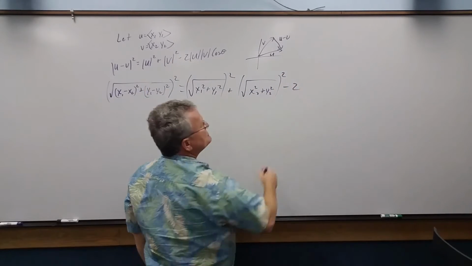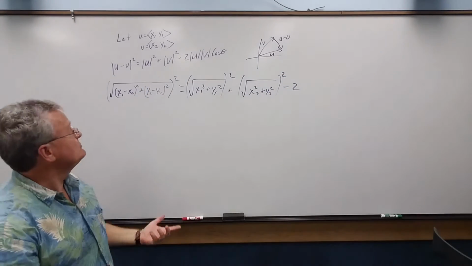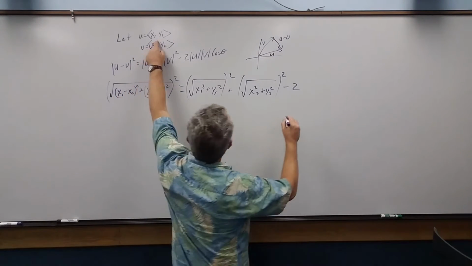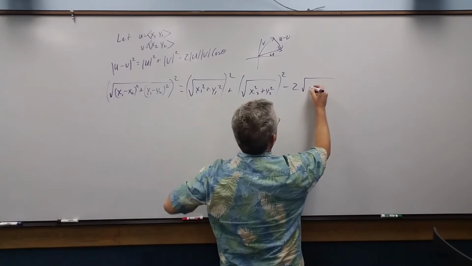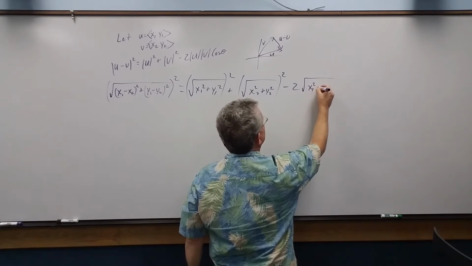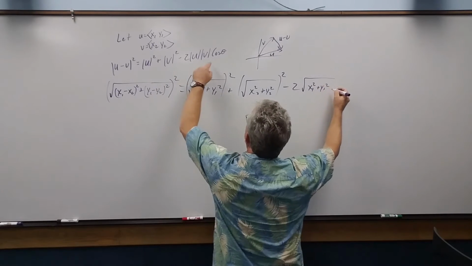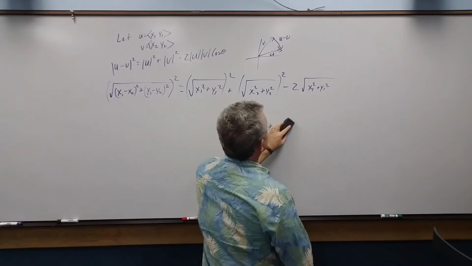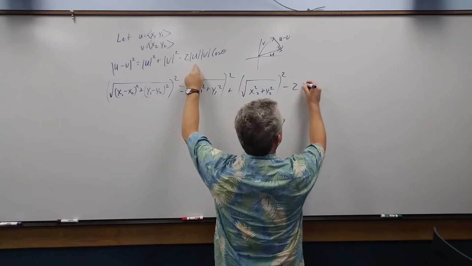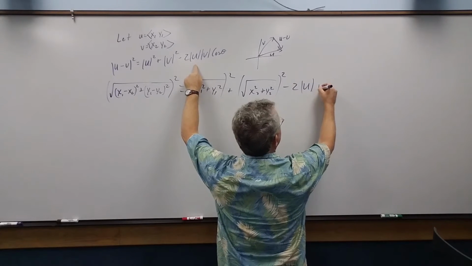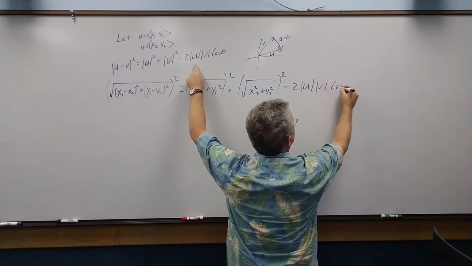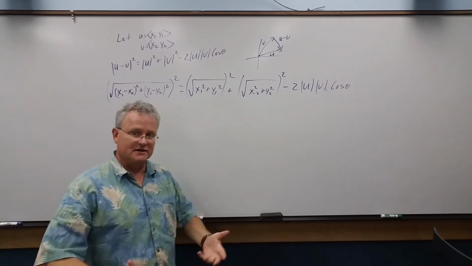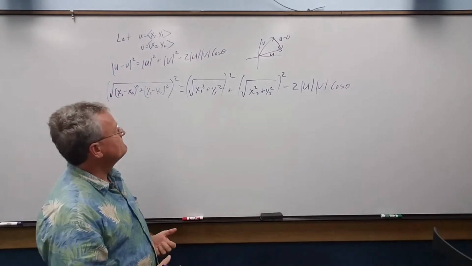And that's minus 2 times the magnitude of u times the magnitude of v times cosine theta. We don't need to calculate the magnitudes here; let's just leave this as magnitude of u, magnitude of v, cosine theta, because that's going to come out in our formula.